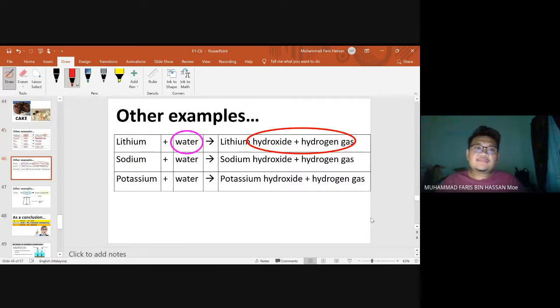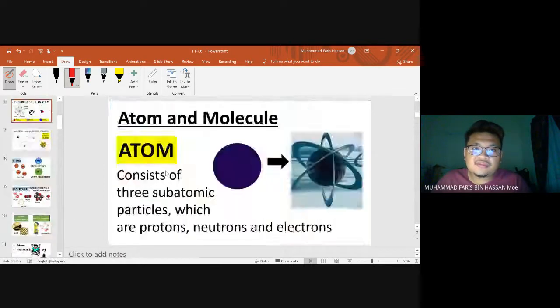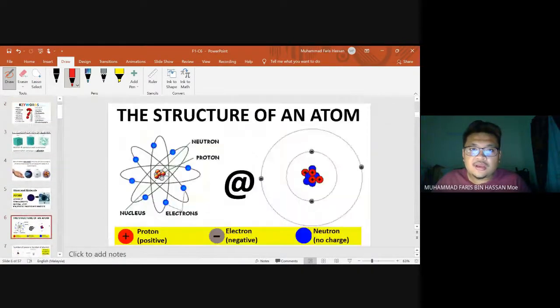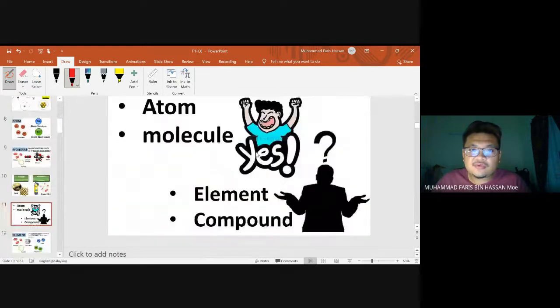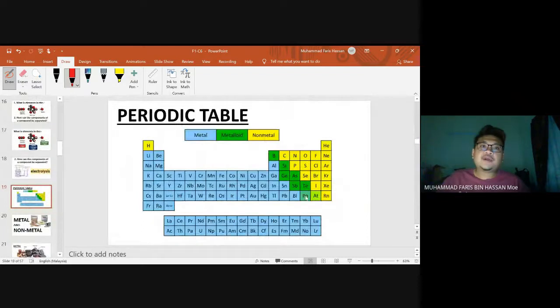Another example: lithium, sodium, and potassium are elements from group 1. We go back to subtopic 6.1, the periodic table.